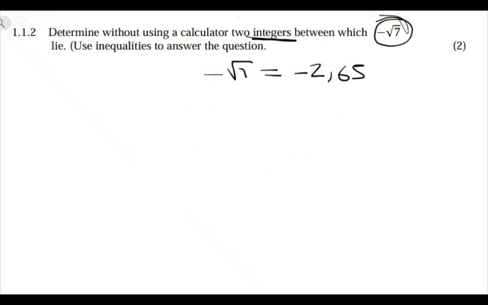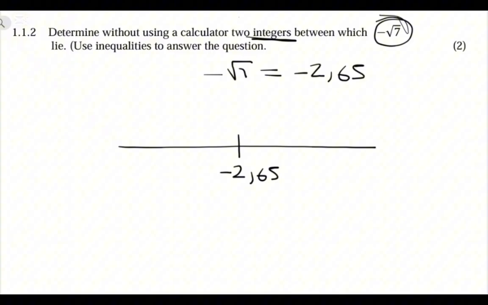So we're going to use a number line like this. Let's say negative 2.65 is going to be here. What will be two integers, not decimals, that lie between these numbers? Remember, on our number line, we have the negative and the positive, and now we're talking about the negative side.